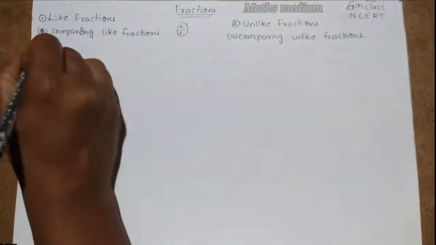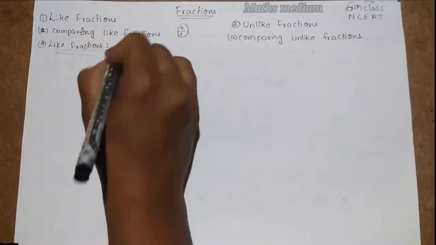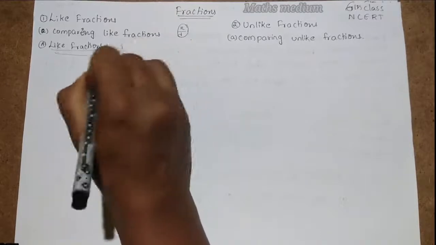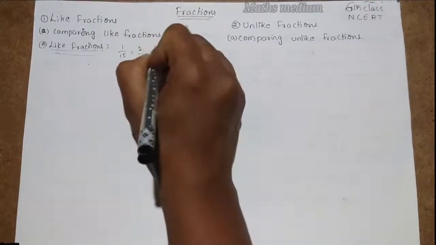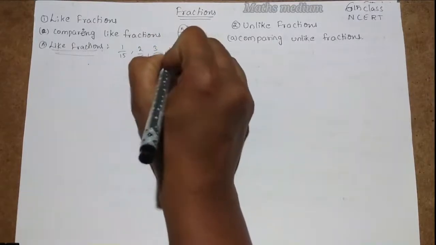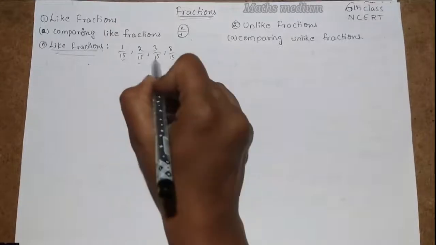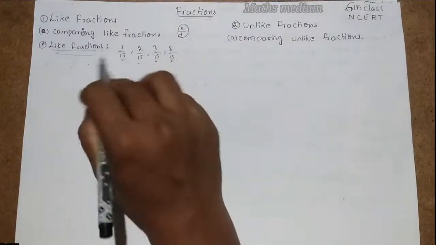In like fractions, the denominators are all the same. For example, if you take 1 by 15, 2 by 15, 3 by 15 and 8 by 15, see the difference, all denominators are the same. So these are like fractions.